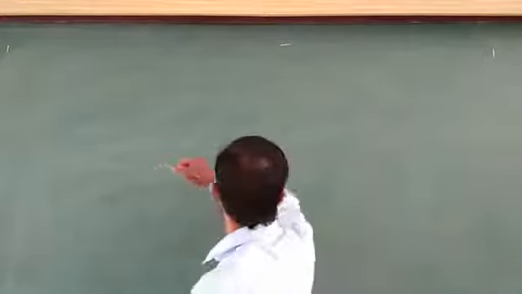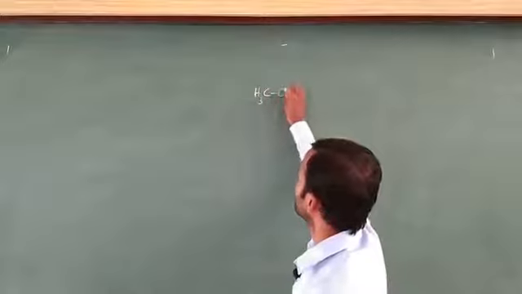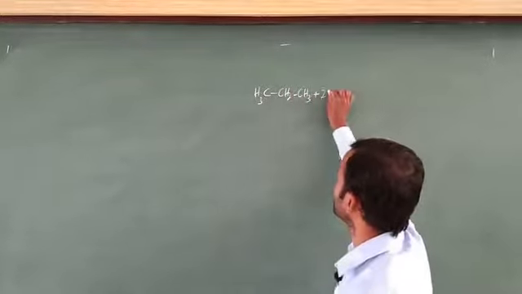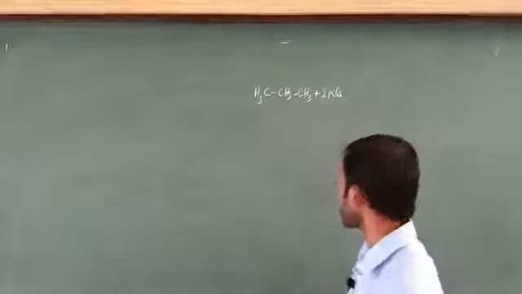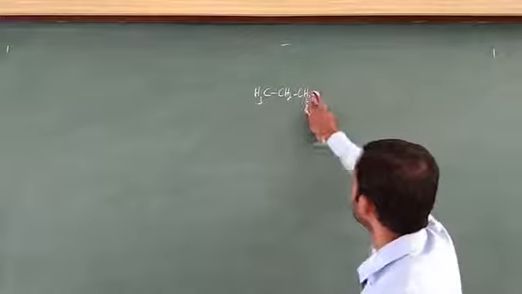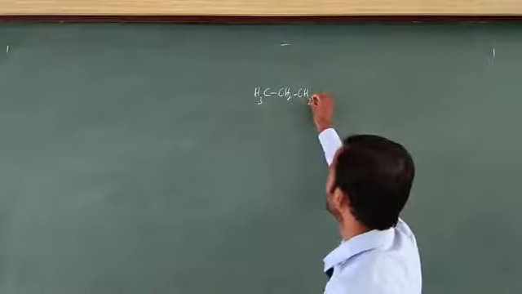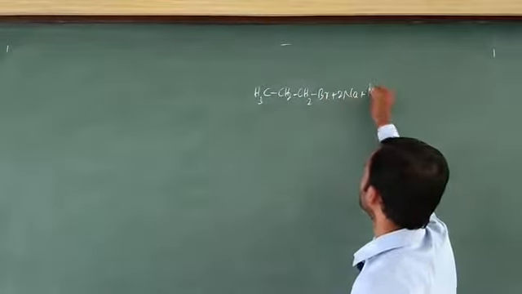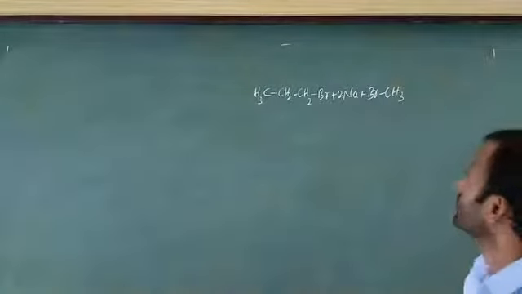Just see here, what is that example? CH3, next CH2, next CH3. This can react with 2 moles of sodium. In this case, better you take Br, otherwise you can take chlorine, no problem. CH2, next Br, 2 moles of sodium, and Br, next CH3.